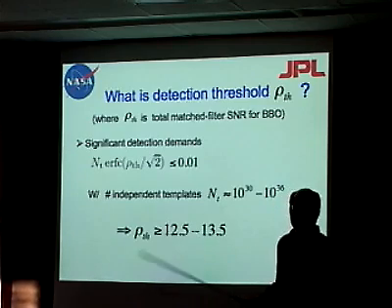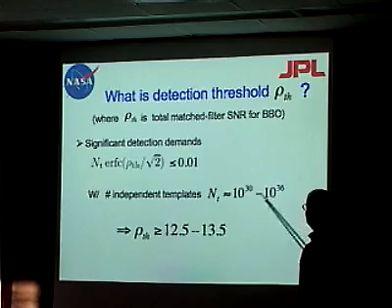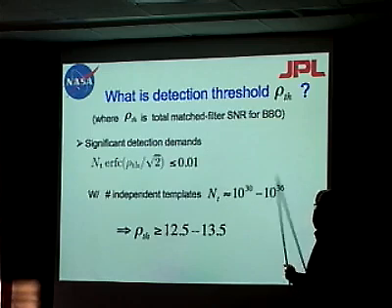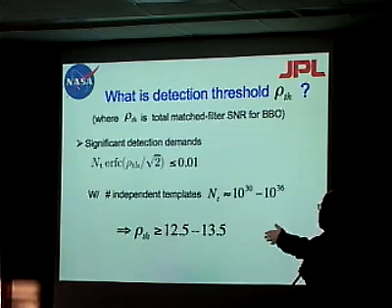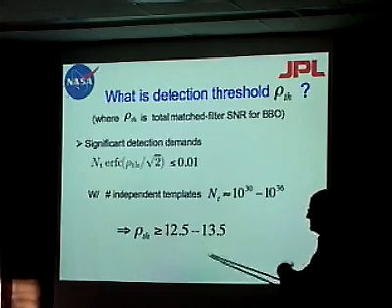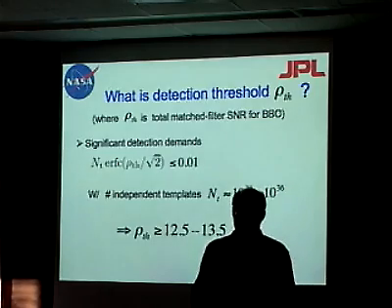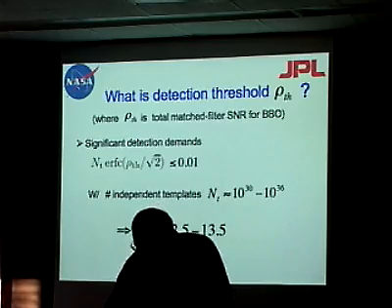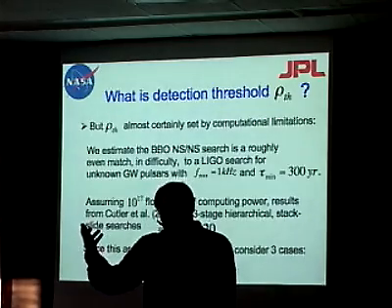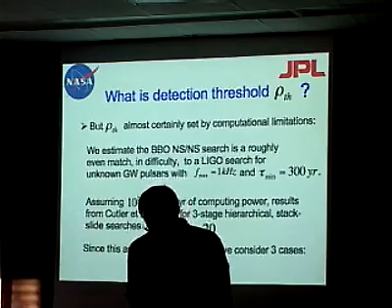And you see right away why this crude answer is good enough. It hardly matters whether it's 10 to the 30 or 10 to the 36 when you're way at the end of the tail. It's 13 or so, and that's just a lower limit. So it's clearly going to be more than that. It can't be less. It has to be at least 12 or 13, otherwise you get too many false alarms.